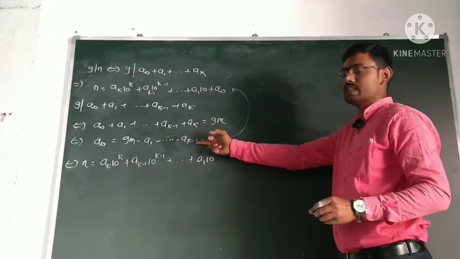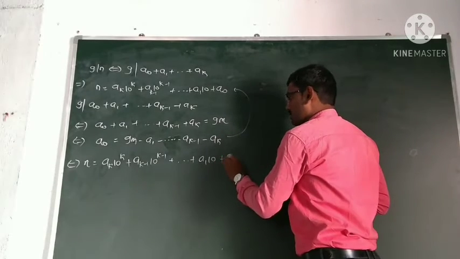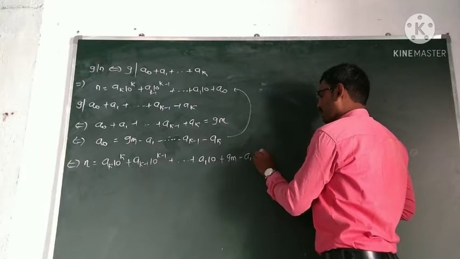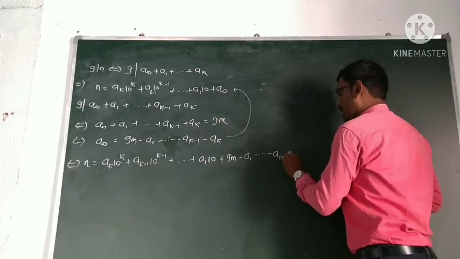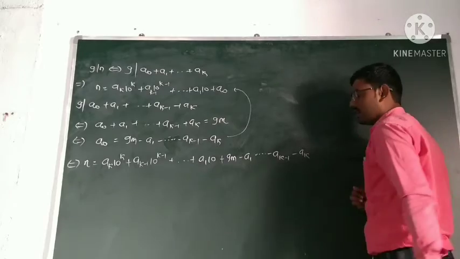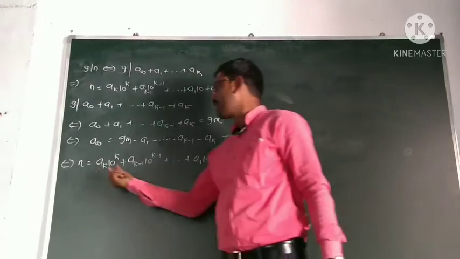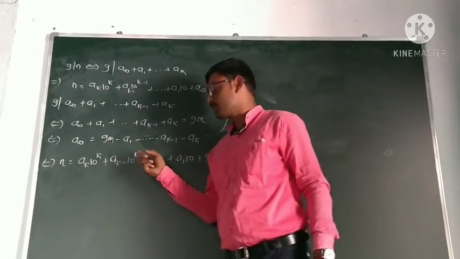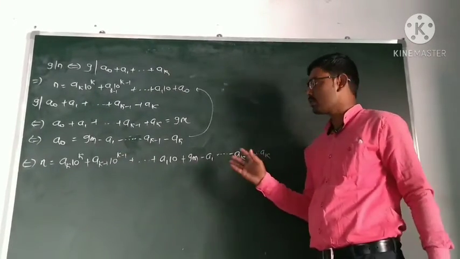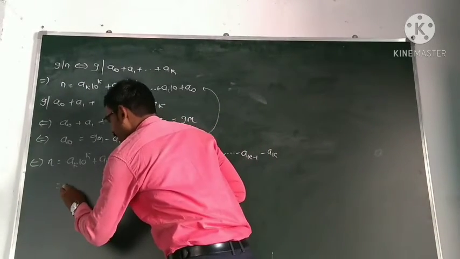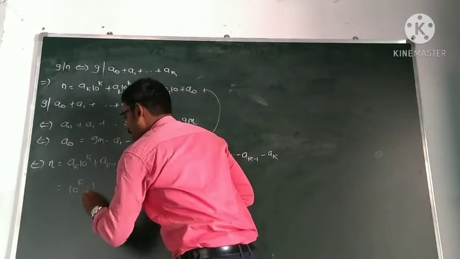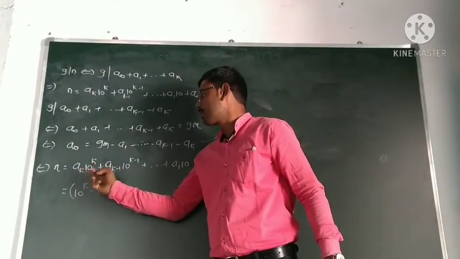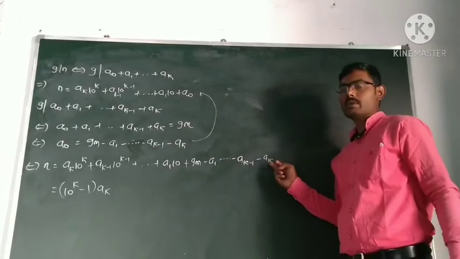Replace a_0 with this value, so we get 9m minus a_1 minus a_2 up to minus a_(k-1) minus a_k. Again here a_k 10 raised to power k, here minus a_k, minus a_(k-1) 10 raised to power k minus 1, minus a_(k-1), and so on. So we know this is equal to 10 raised to power k minus 1 into a_k. If you take a_k common, a_k here has multiple 10 raised to power k, and here multiple minus 1.